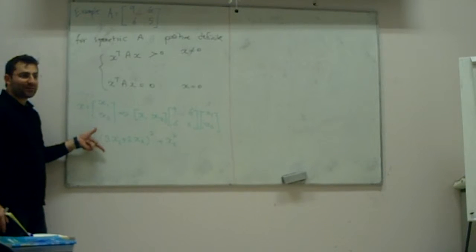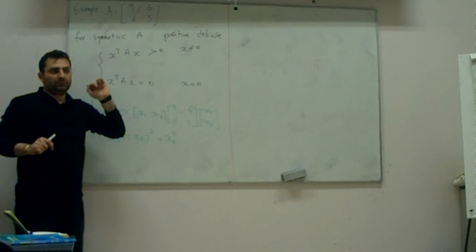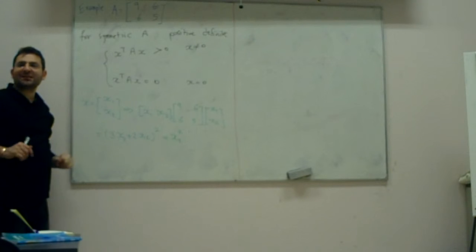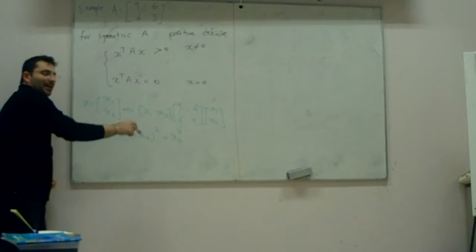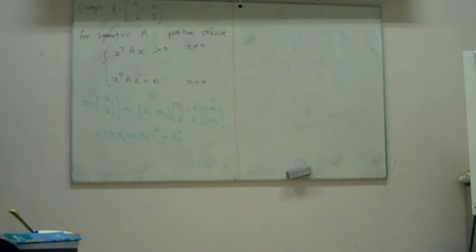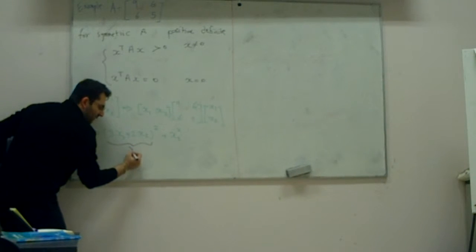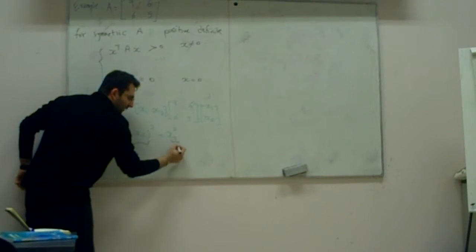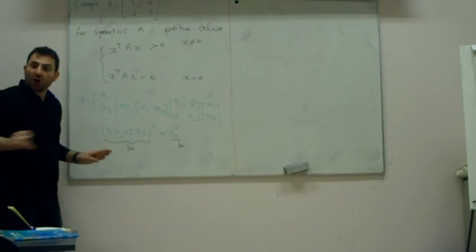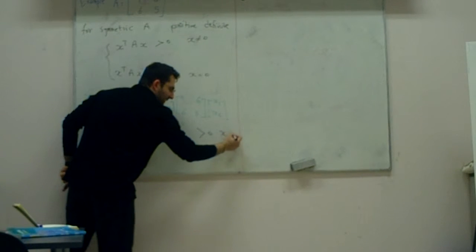Now we have to look at this expression and see that if x is not 0, do we always get a positive answer? If x is not 0, which means x1 and x2 are not 0, do we get positive results? Yes, always, because each term is always greater than or equal to 0, and because they are not 0, we know that the result is greater than 0 if x is not 0.